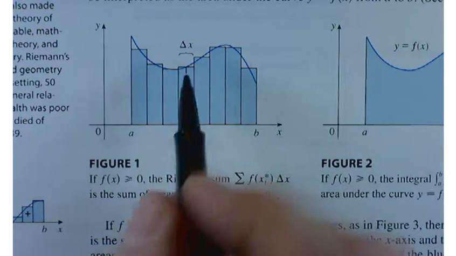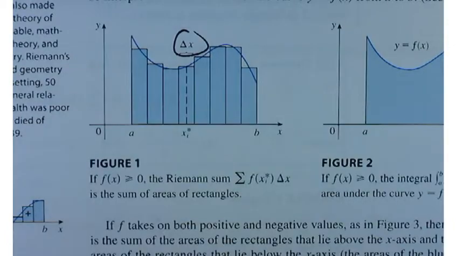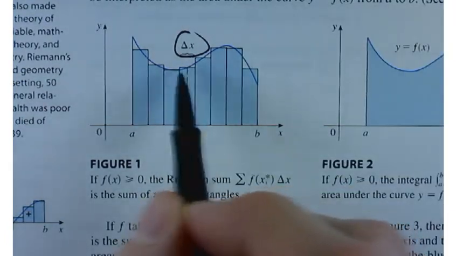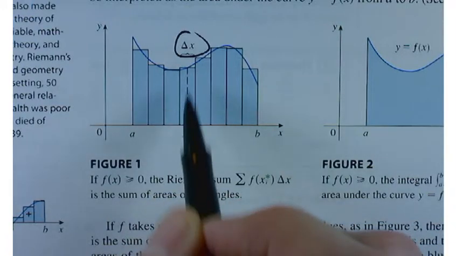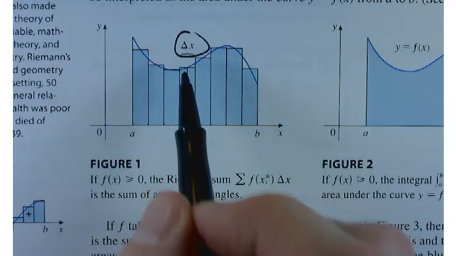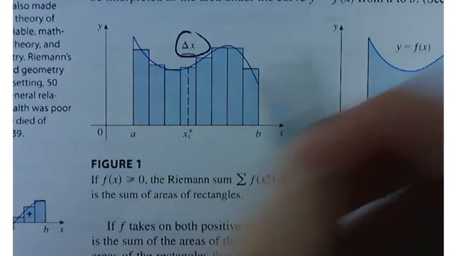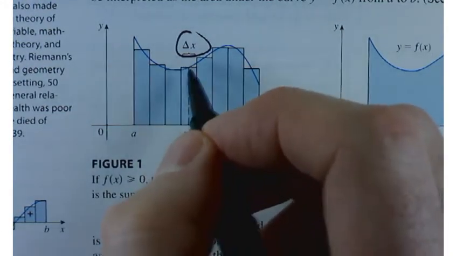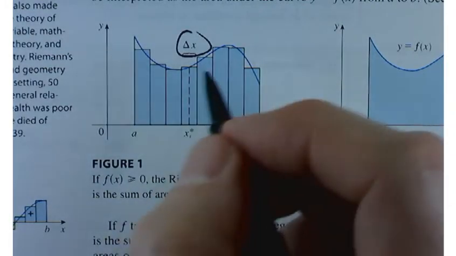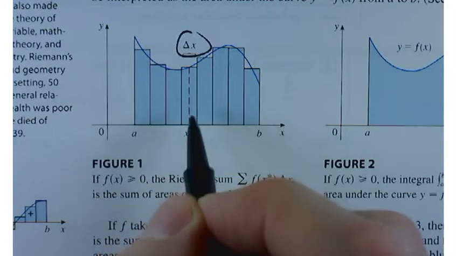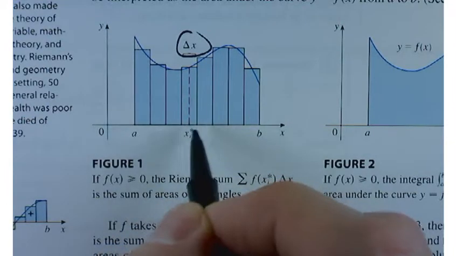The rectangles have a width of delta x. And the height, you can measure in any place in this interval. A lot of times we'll take the left-hand endpoint, the right-hand endpoint, or the midpoint. But you measure the height in any way, and that's going to be your f of x sub i. The area of one rectangle is the width times the height.